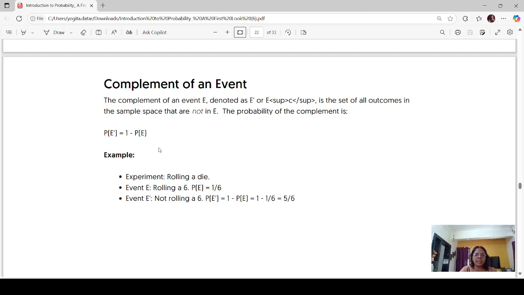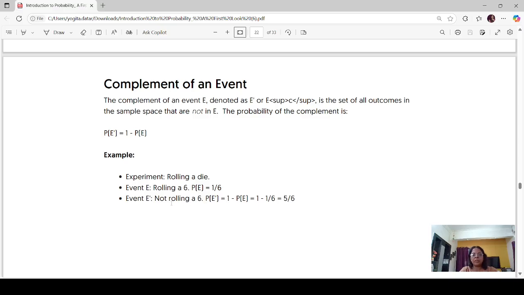The probability of event E is denoted by P of E, and we know that the probability of the sample space is 1, then probability of E dash, that is complement of an event, is 1 minus P of E. Here one example is discussed. Suppose a die is rolled and we are expecting outcome 6, then probability of getting 6 is 1 by 6.